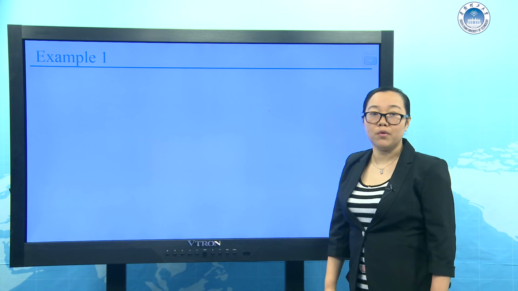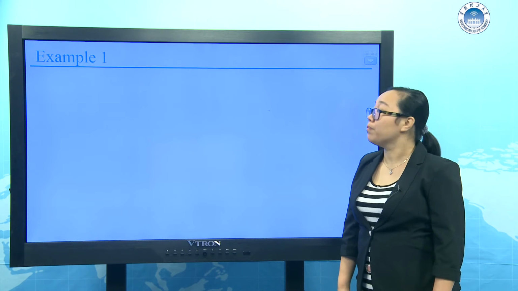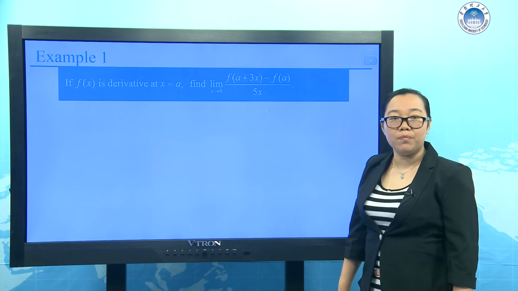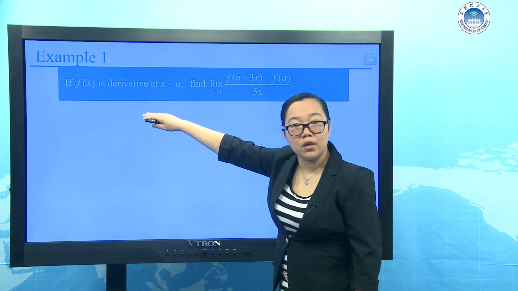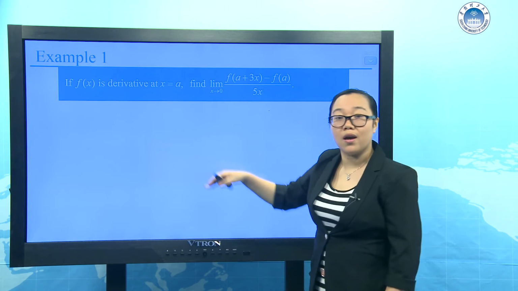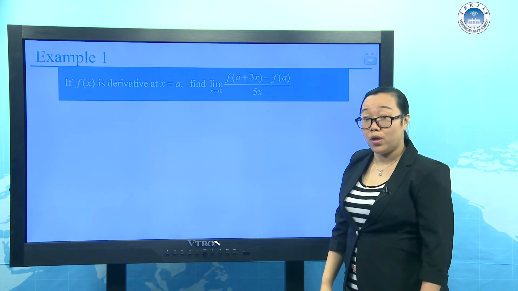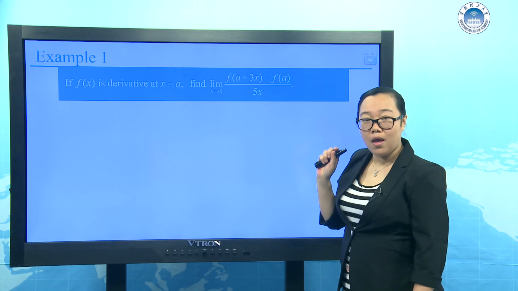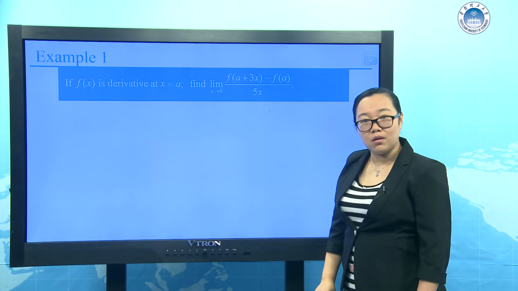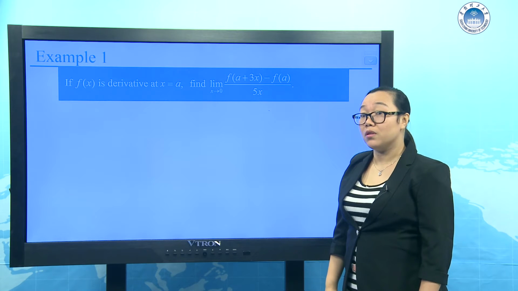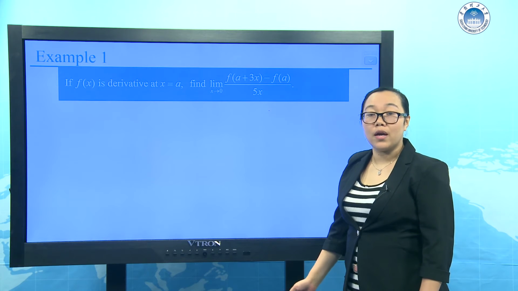According to the formulas, we can do some examples. Now look at example 1. If f(x) has a derivative at the given point x equals a, try to find the limit as x tends to 0. How to find the limit? Using what? Yes, using the definition of derivative.